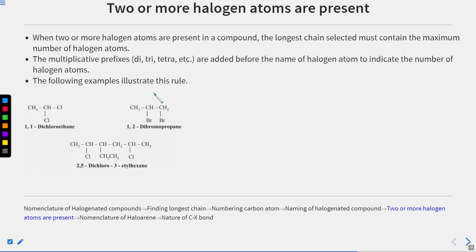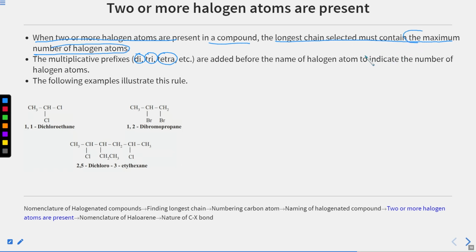Now if you have more than one of the same halogen, then we use the prefixes di, tri, tetra, penta, hexa, etc. What is written: when 2 or more halogens are present in a compound, the longest chain is selected and it must contain the maximum number of halogen atoms. This is also very important.